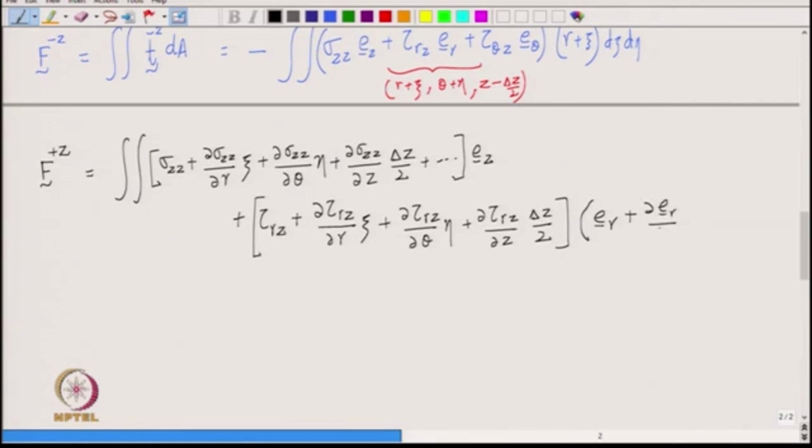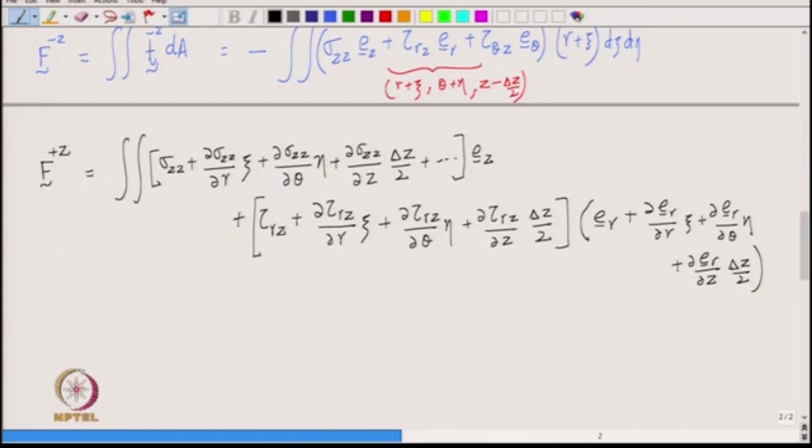See, it is tricky here, we have to also do the Taylor's expansion of the basis vectors, because they are also changing, it is a bit complicated. For E z we did not have to do, because E z is fixed, times zeta plus del E r by del theta times eta plus del E r by del z times delta z by 2, is not it, into d a.